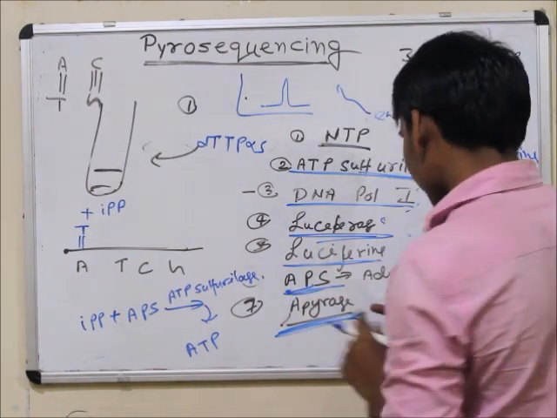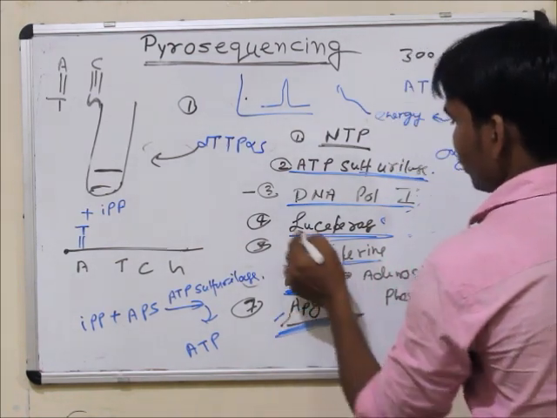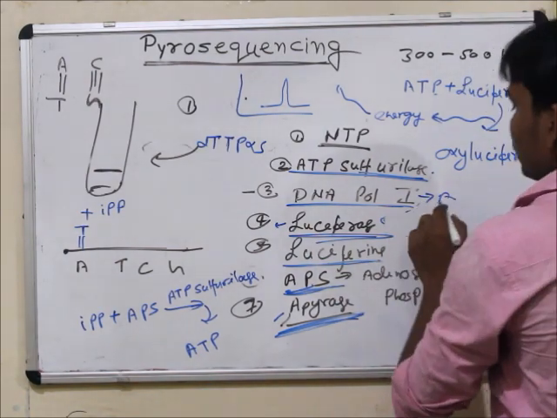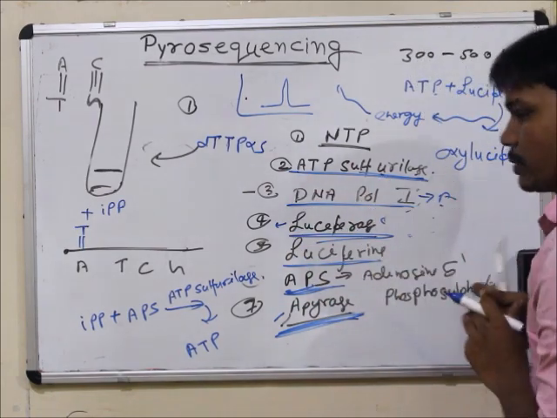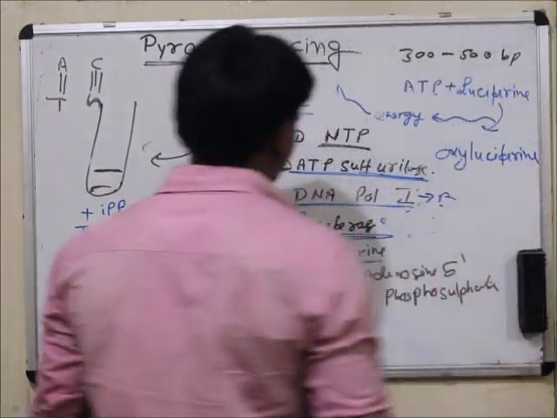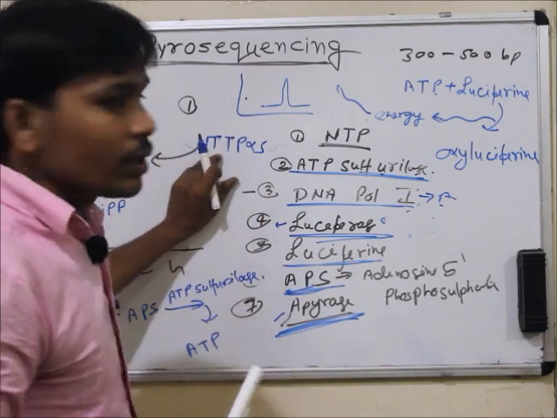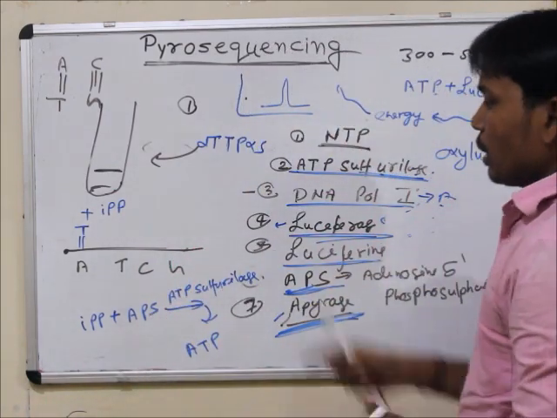So there are enzymes involved: apyrase, luciferase, DNA polymerase first, and ATP sulfurylase. These are the enzymes involved. Nucleotides, the 4 nucleotides.